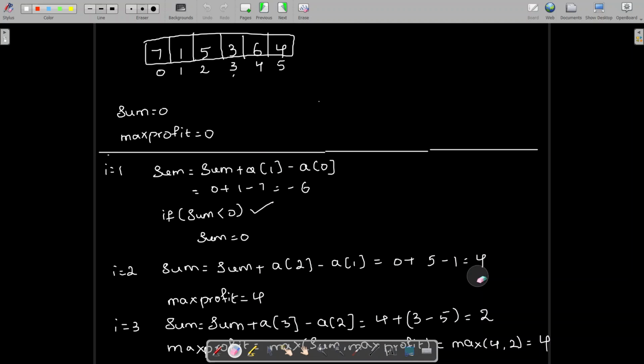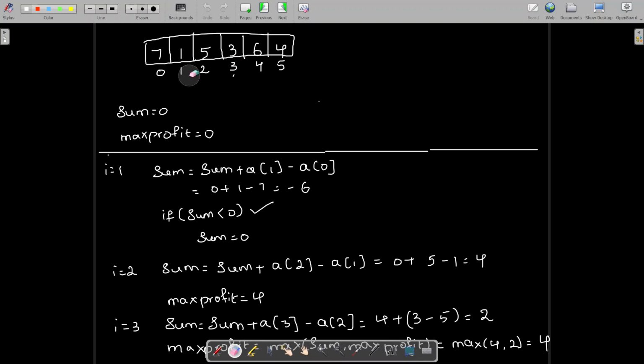So previously the sum is 4, plus 3 minus 5. This 5 is removed, and 3 minus 1 is 2. 2 is the profit we generate after removing this 5. Here our sum became 0, right? Because this made a negative transaction. So we will be looking at only positive profits, positive sum.